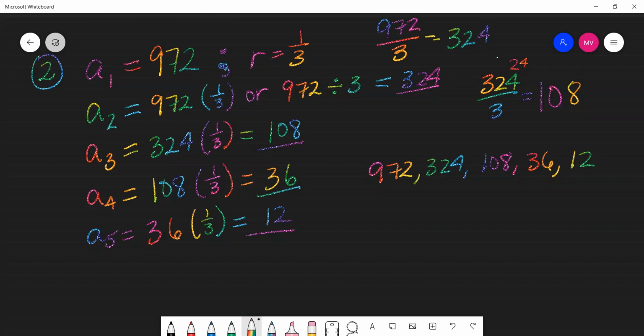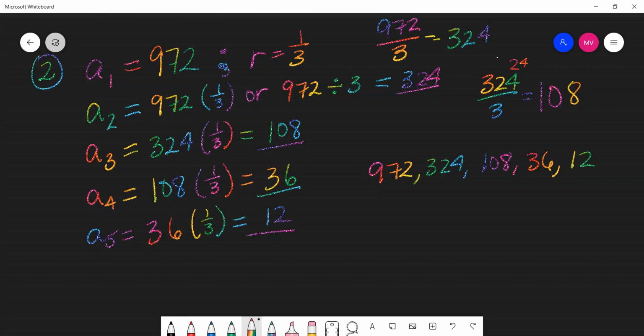So when we worked with arithmetic sequences, if your numbers got smaller, that meant you were adding a negative number. That meant your common difference was negative because you're subtracting instead of adding. When you're multiplying, if you have a negative ratio, then you go from positive to negative because you're constantly multiplying by a negative number.